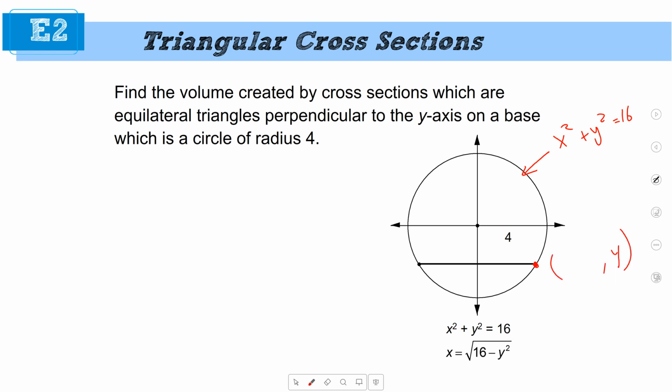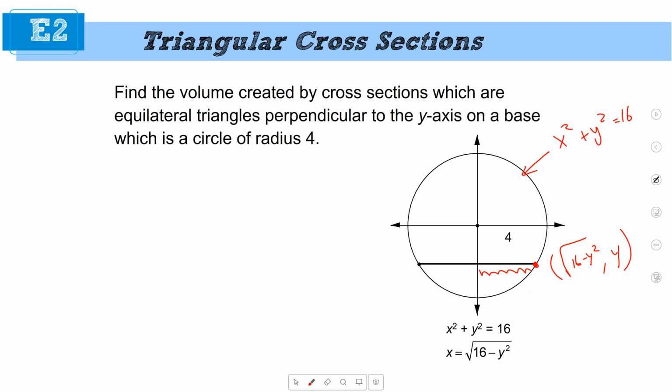So 6 root of 16 minus y squared. Any point on that circle will fit into that mold. If we were working in terms of x, it would be x comma root 16 minus x squared. Make sense? Okay. So if I know this, how long is that? Root 16 minus y squared.